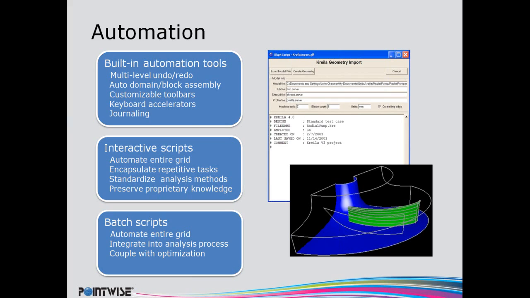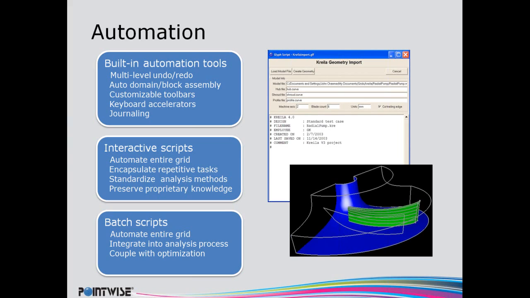When it comes to scripting, there are two ways you can do it: interactively, or in batch. Interactively, you can automate the entire mesh generation process and run that script in the GUI. That's fine for encapsulating repetitive tasks, maybe standardizing a particular method for creating your grids for your analysis process. Maybe your company has developed some sort of proprietary knowledge, so you want to do that in a script that you keep to your own processes.